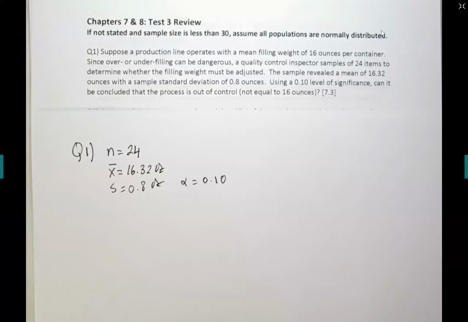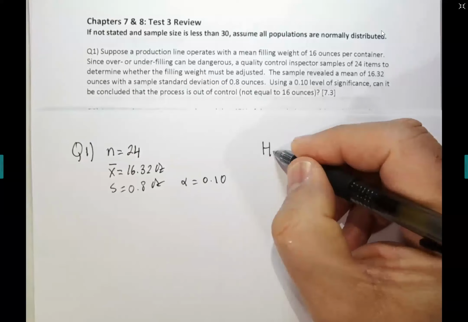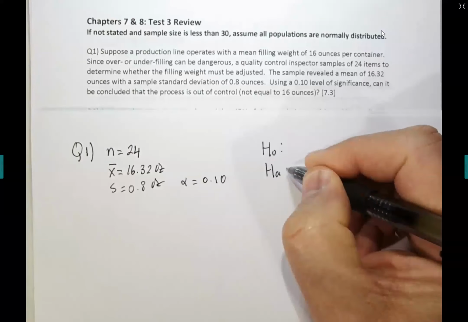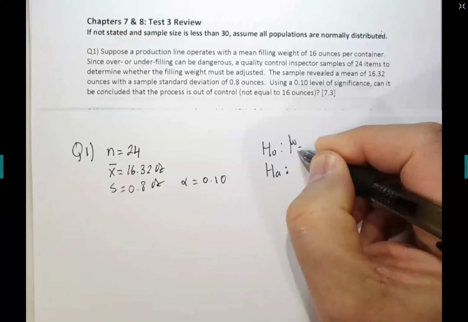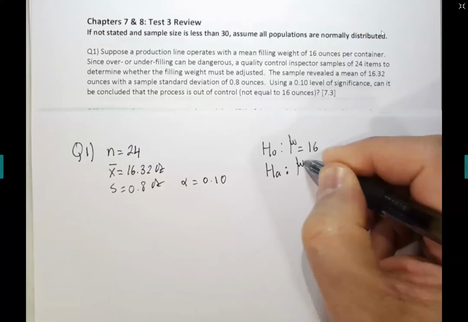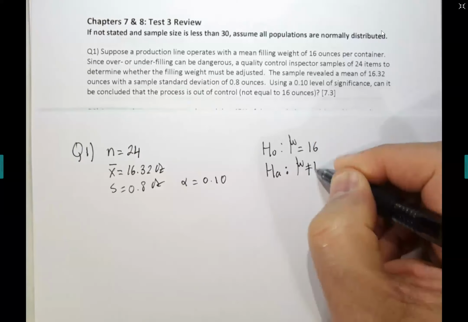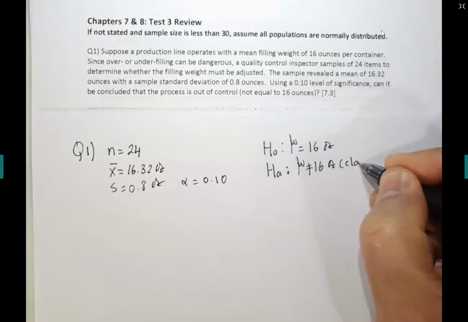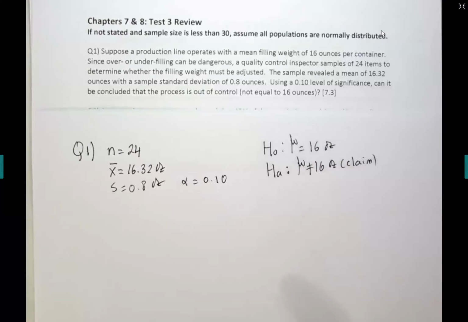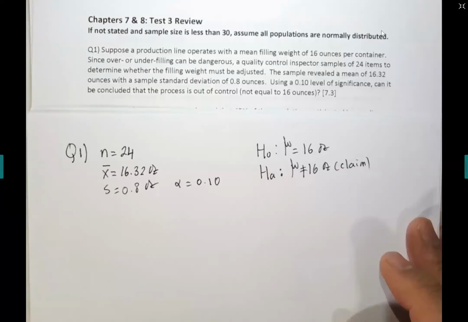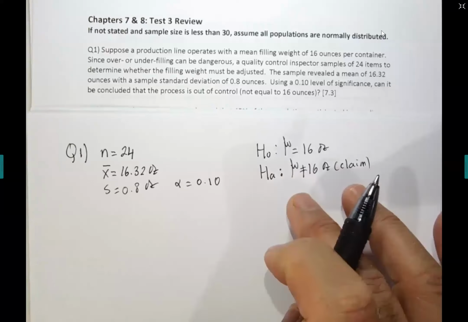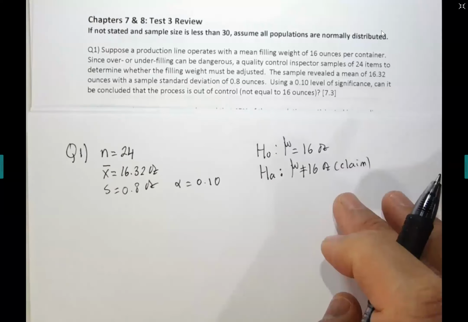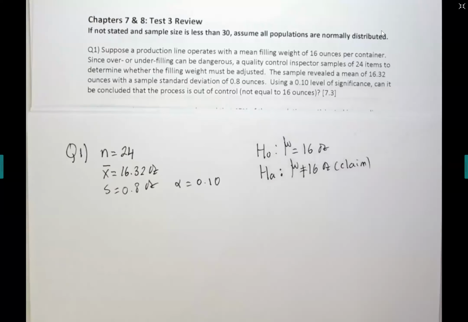We start like this, H0, Ha. If you want to put the unit, that's fine. So mean is not equal to 16 ounces.